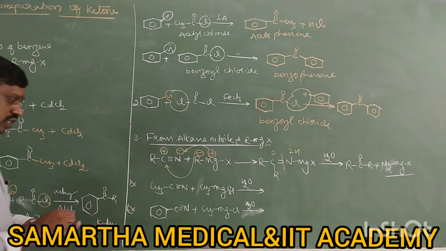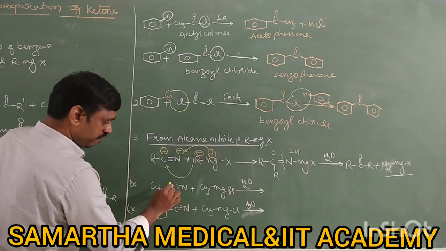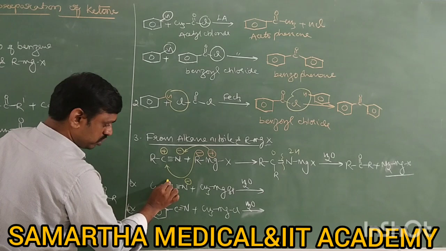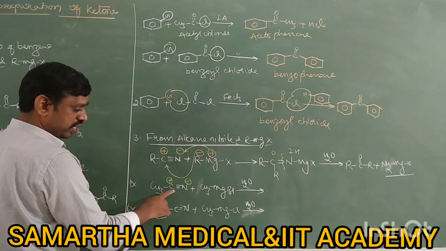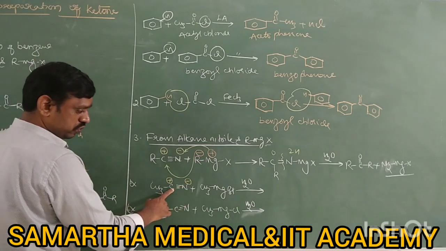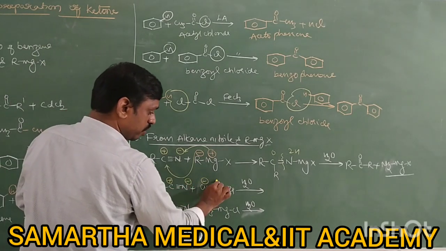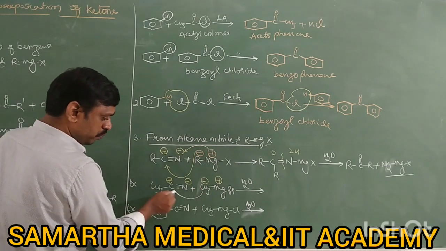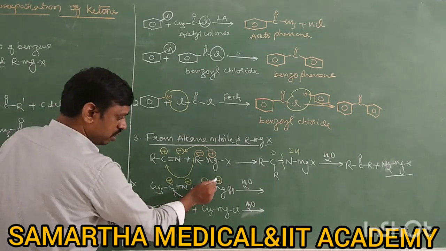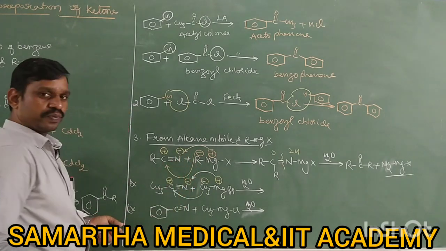Here what you need to do is identify the negative and positive charges. Nitrogen has more electronegativity than carbon, therefore nitrogen is negative and carbon is positive. In the Grignard reagent, carbon is negative and magnesium is positive. Therefore, add negative to positive, and positive to negative.